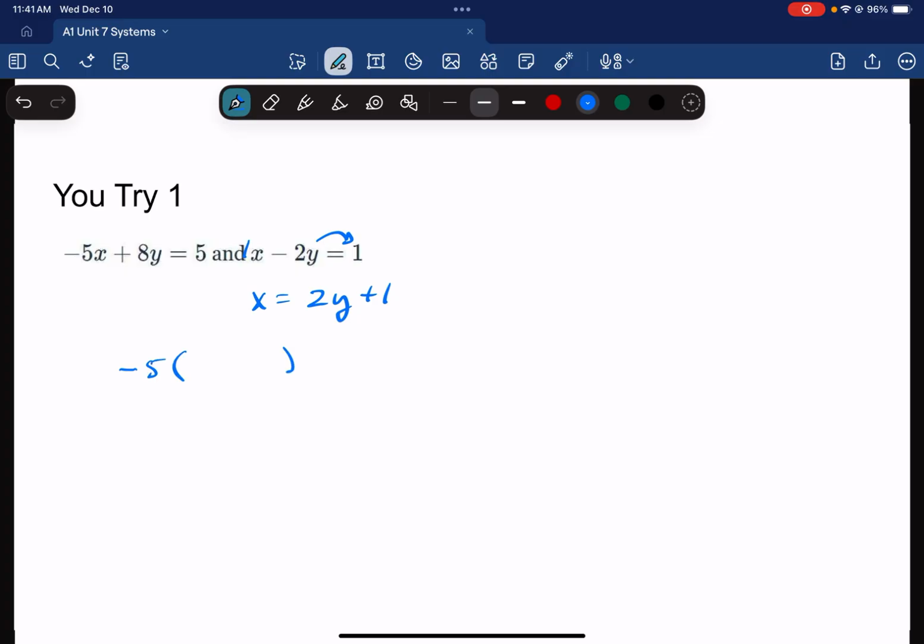So I know what x equals. So this time I'm taking my other equation and replacing x with 2y plus 1. Then I'm going to distribute.